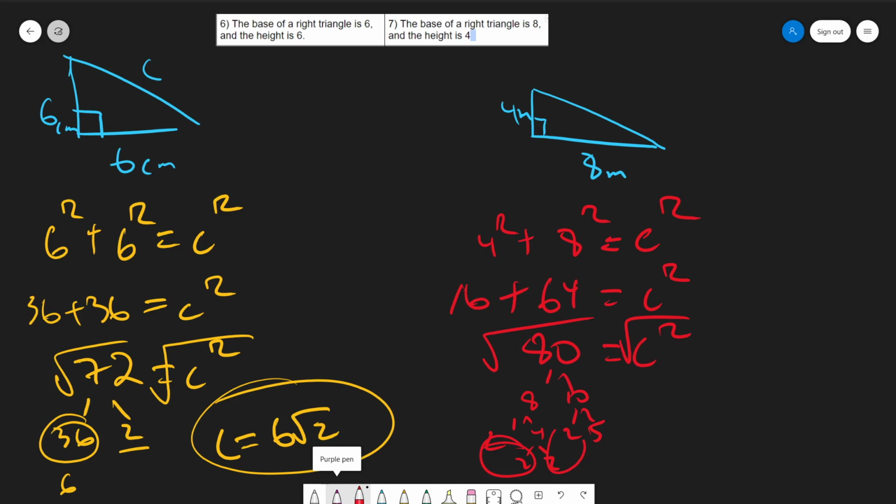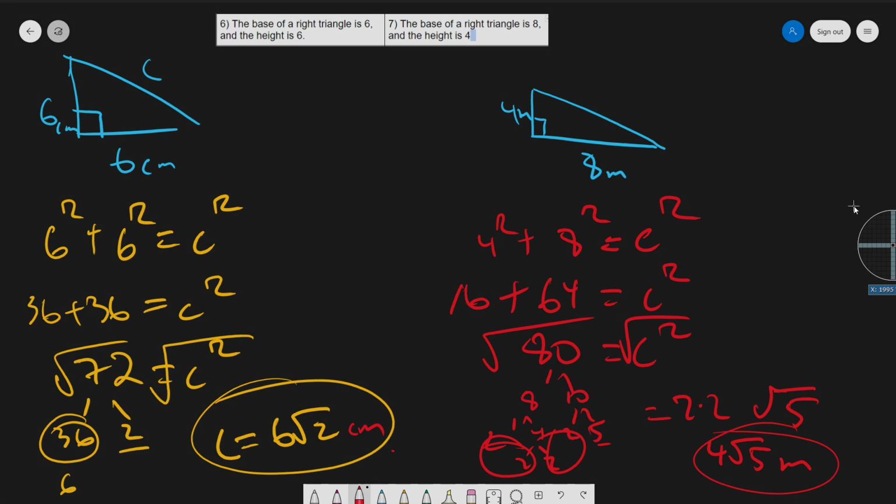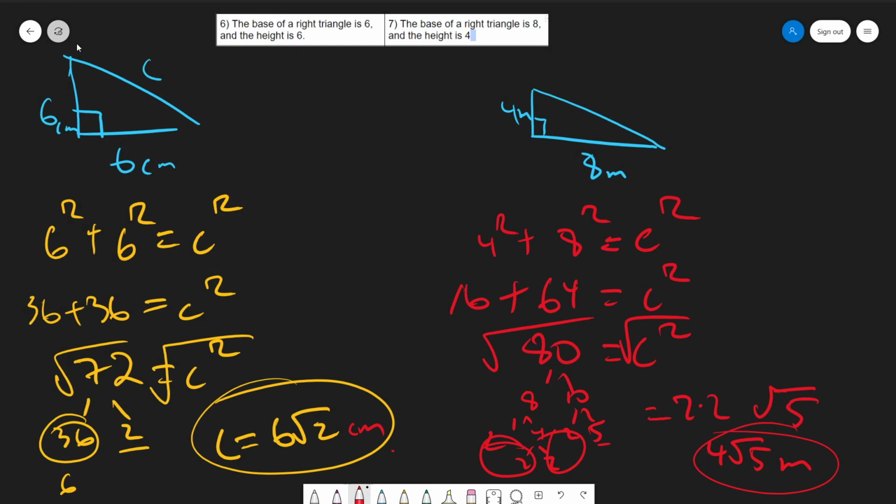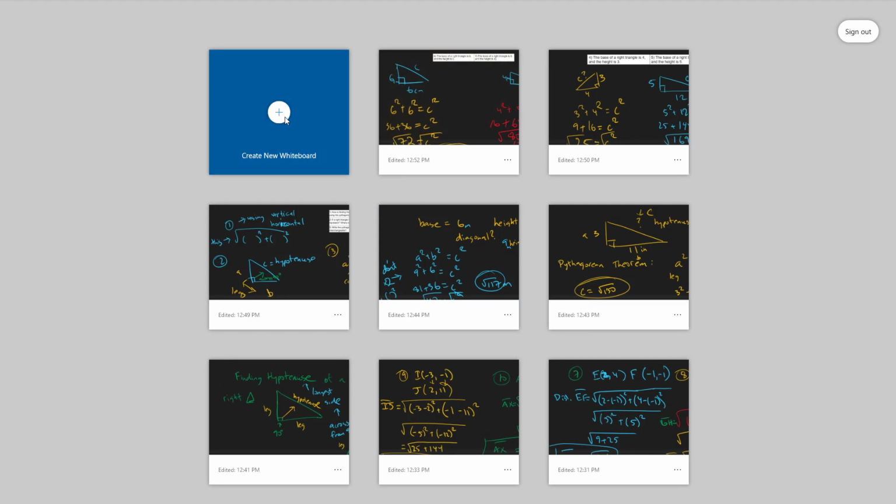I think I did this one in the previous video, but we got 2 2's on the outside, leftover 5 on the inside. So we get 4 square root 5 meters. Oh, this one's centimeters, right? Cool. So there is 6 and 7. A little bit more root taking here. So if you get stuck at that point, go back and practice your roots.